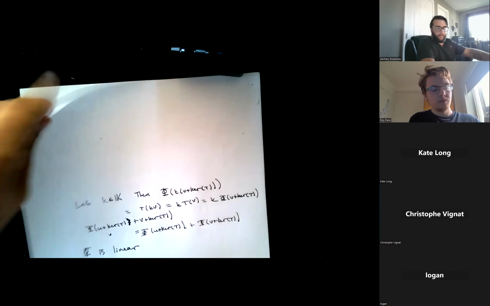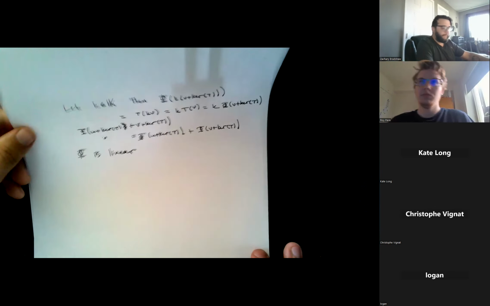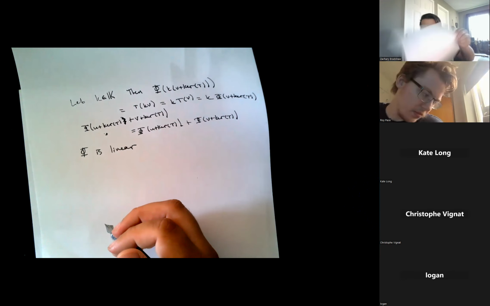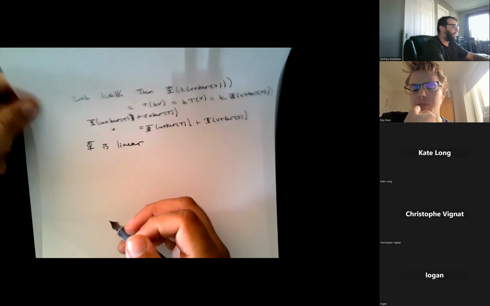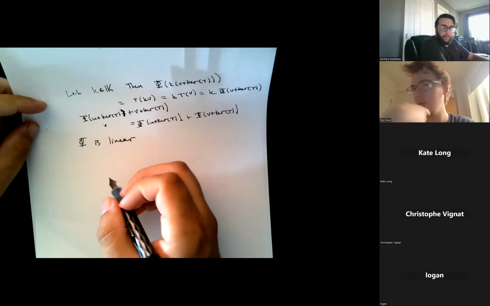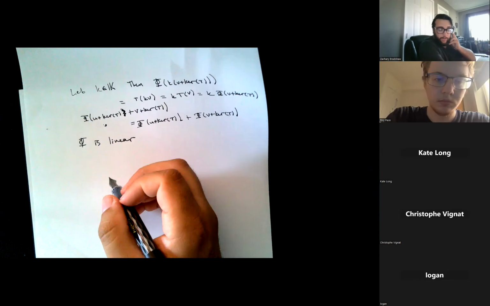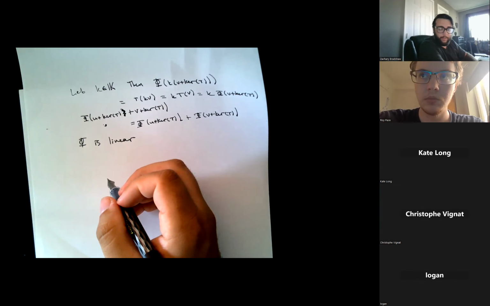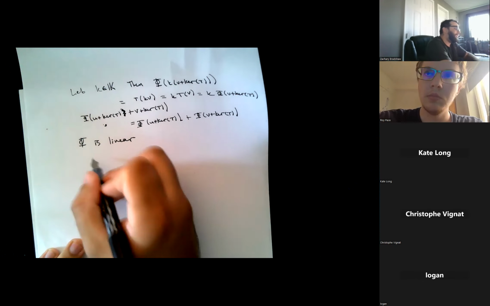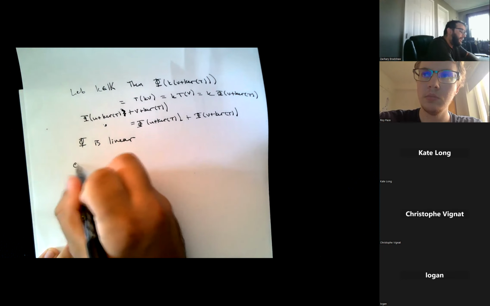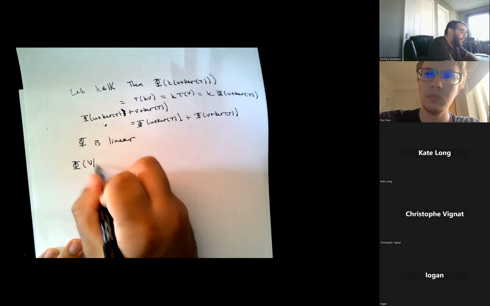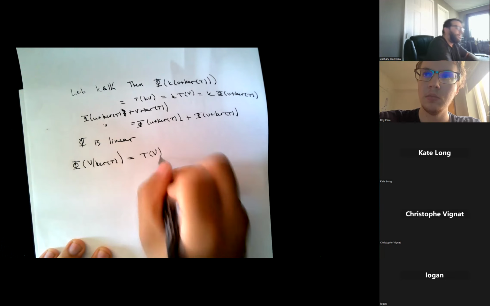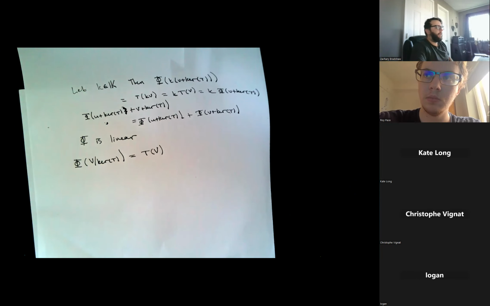Where do we go from there? We also have to show that it's bijective. And we can use the proposition I had before. Okay, so surjectivity should be pretty clear. So phi of v mod the kernel of t, that's definitely equal to the image of v, t of v, right?